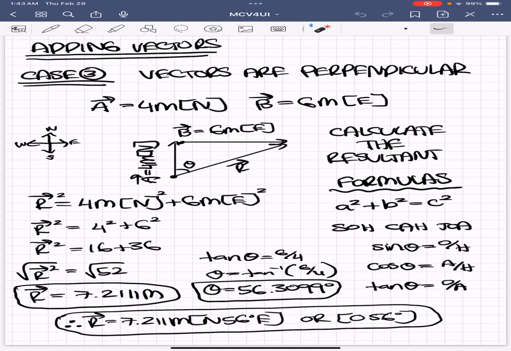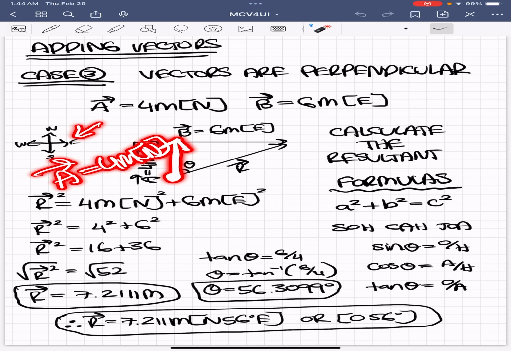Okay, so first things first, I drew vector A, which was 4 meters north, which means it's going up vertically. It's going up vertically, not down, because north is up. As you can see, I drew a little compass over here.